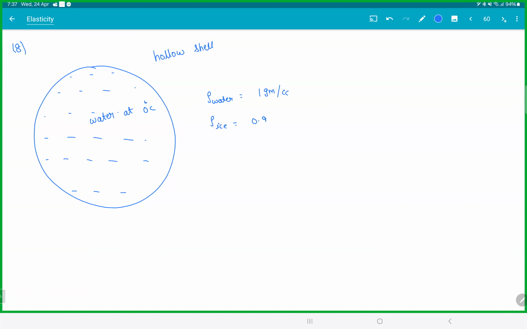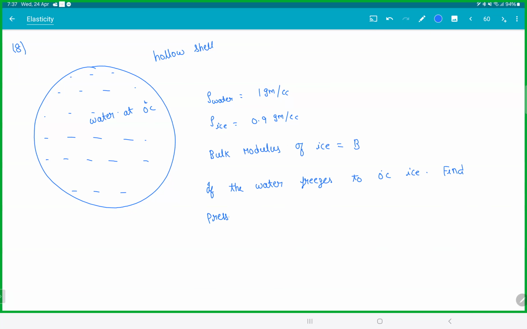Density of ice is 0.9 gram per cc. The bulk modulus of ice is B. Now, if the water freezes to ice at 0 degrees, remember temperature didn't change, so shell won't expand. Find the pressure on the shell.